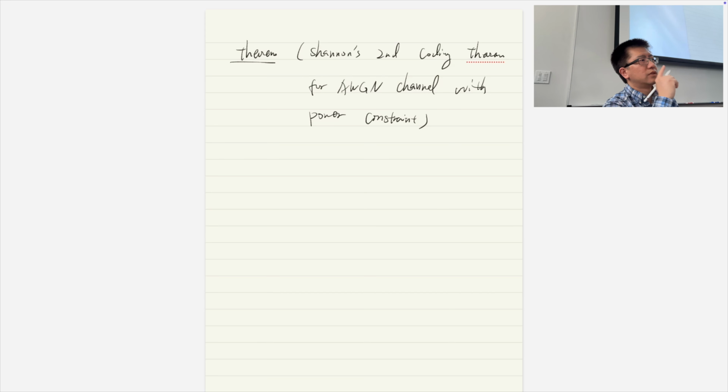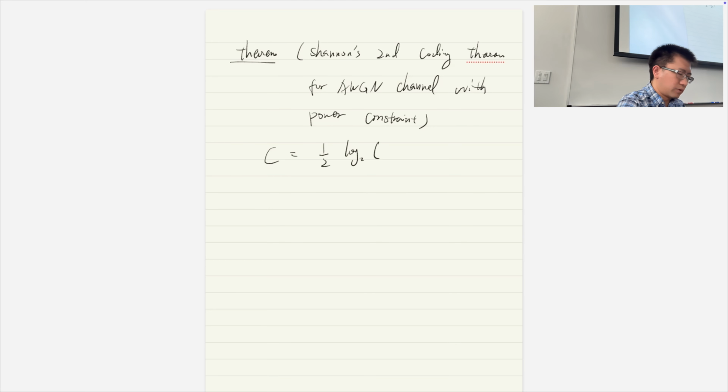Now you can see how much Shannon's paper covered. So far, everything we covered is in Shannon's original 1948 paper, and we still have something we haven't covered yet for the whole semester. Okay, so the capacity here is given by this.